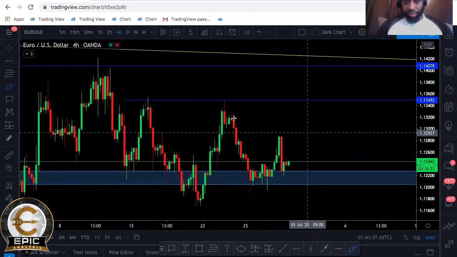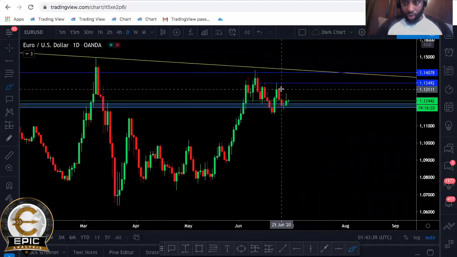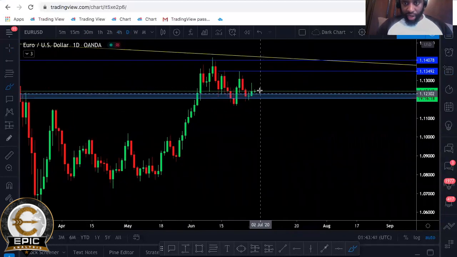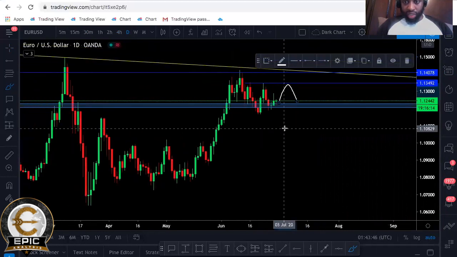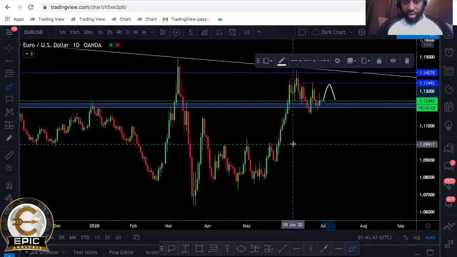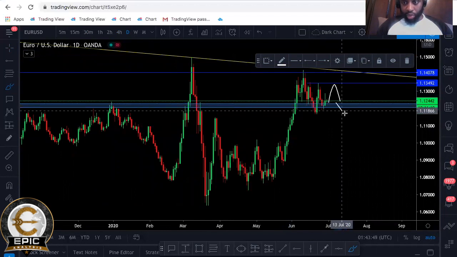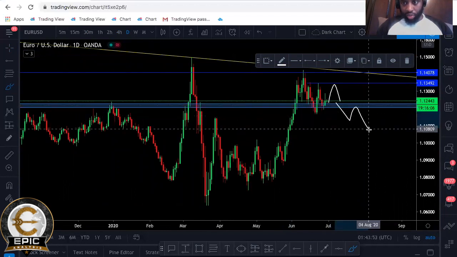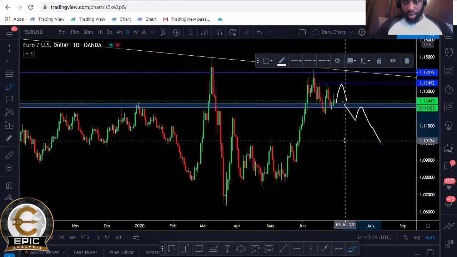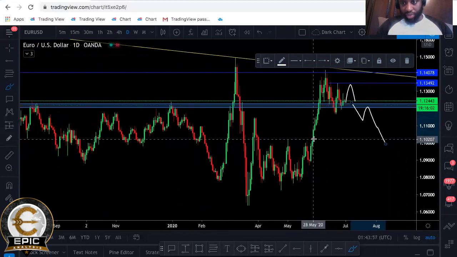I'm expecting EU to correct a bit, and possibly back up to this resistance. But of course, we really need to see price break back below this strong level of resistance or supply, then you look to sell the pullbacks down lower. All right, and this could be a nice drop to the downside.